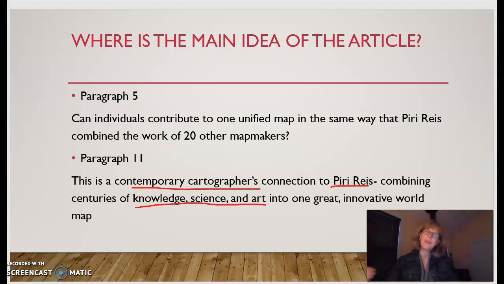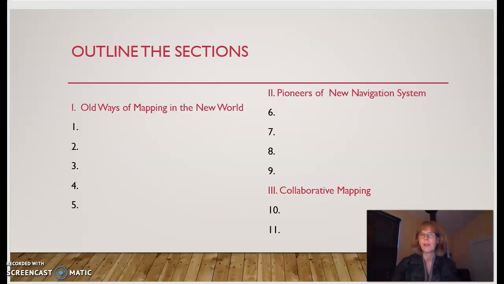So guys, as we think about the main idea of this article, we're finding it in the first section, we're finding it in the last section. I find it helpful to create an outline. And this is one way that I can see how this article works. There are 3 sections I see in this article, and there are 11 different paragraphs.